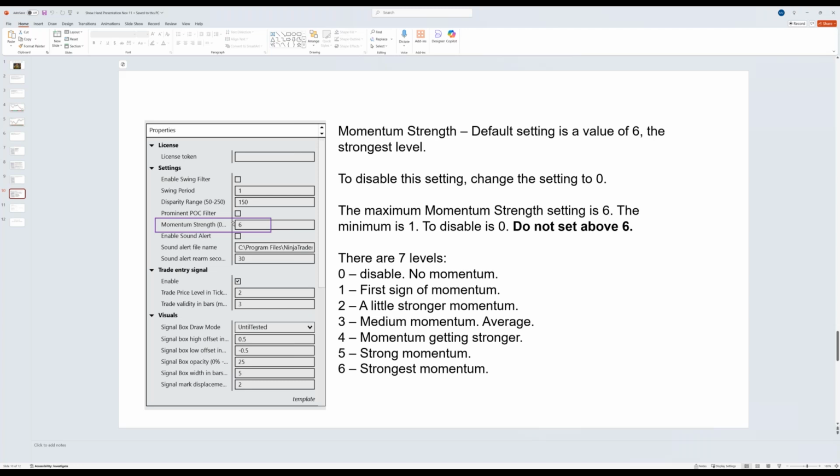Obviously, 6 is strongest. You could still use 2, 3, 4, and 5, which is just getting a little bit stronger on the spectrum. But me personally, I either use disable or 6. Sometimes I'll just use 1. Again, if I'm testing, I'll use 1 as just sort of, what's the minimum amount? Is there a difference between the minimum and not?